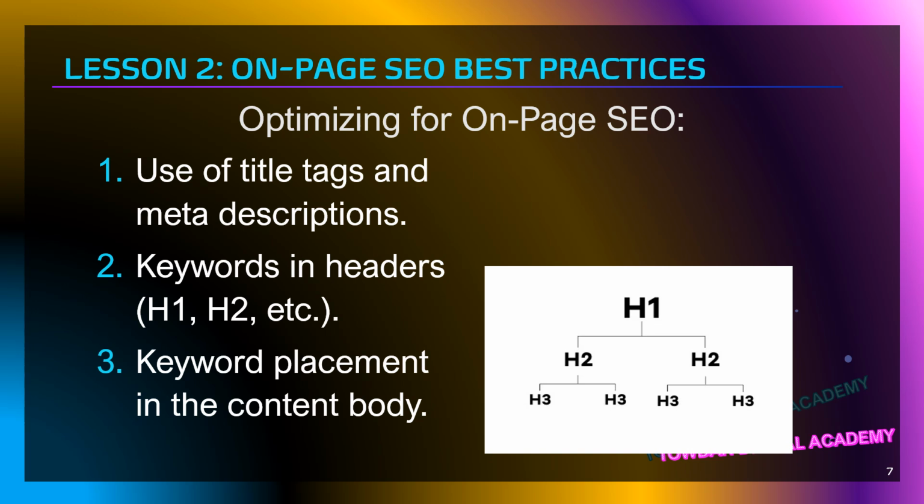So what do we do with the on-page SEO? You use the title tags, meta descriptions. I will let us see this during the practical class. Title tags, meta descriptions, keywords in headers like H1, H2, keyword placement in the content body.